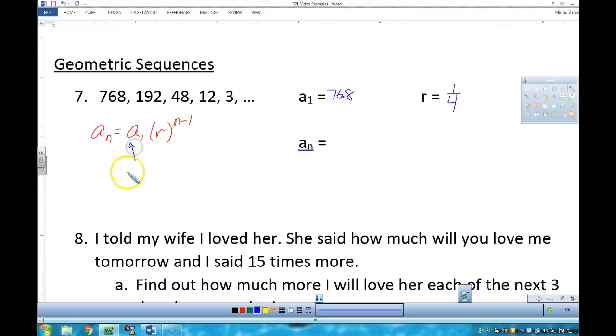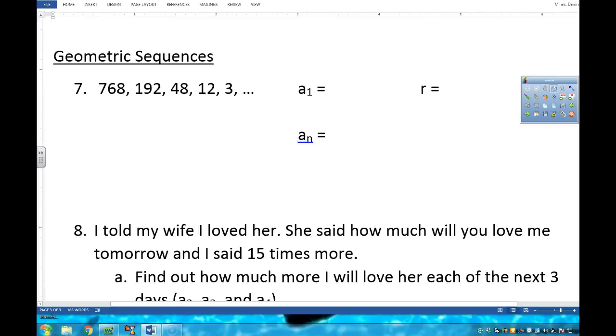We're going to plug in 768 for a sub 1, and we're going to plug in 1/4 for r, and we will be done. A sub n equals 768 times 1/4 to the n minus 1 power. And we are done. Good. Now let's go look at a geometric word problem.